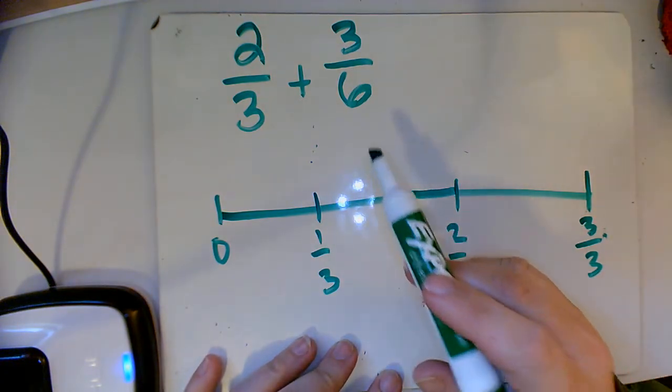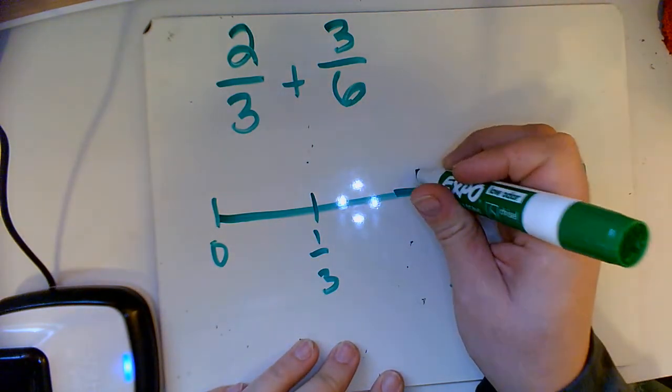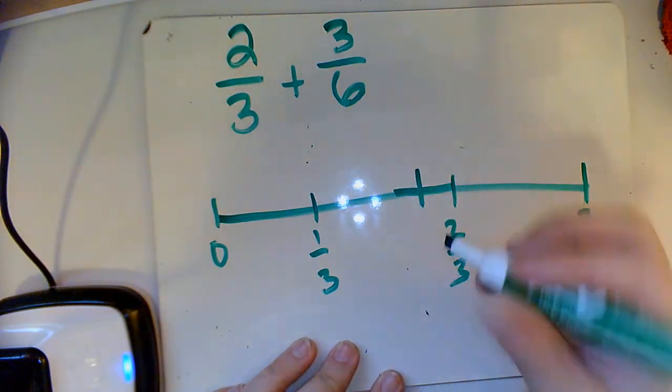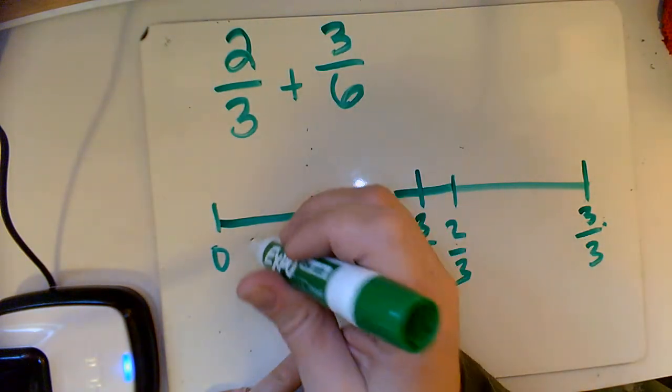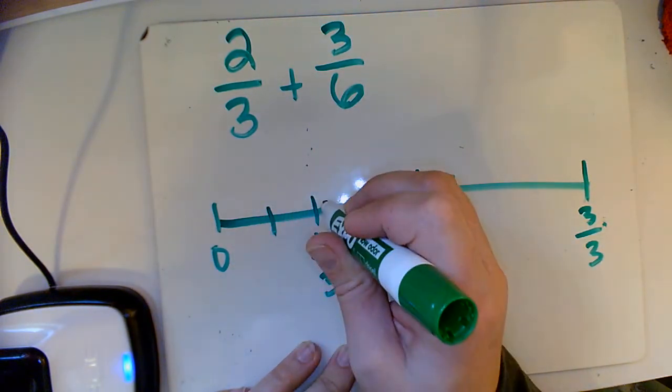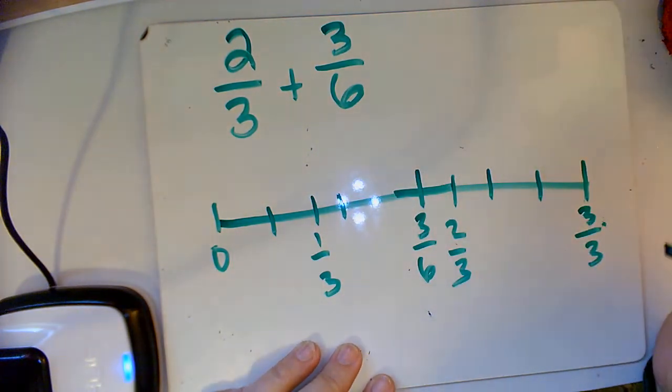And then 6, we're going to break it into 6. I'm going to find that halfway point. Half of 6 is 3, so that would be 3/6. And then we would have 1, 2, 3, 4, 5, 6.